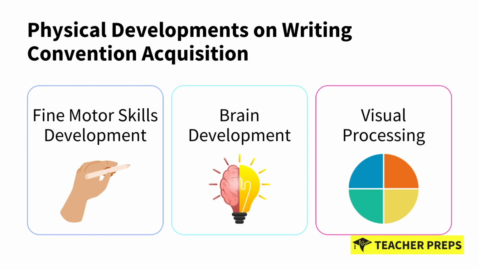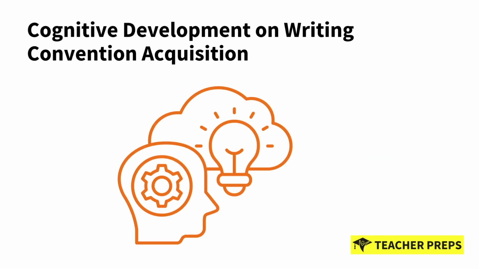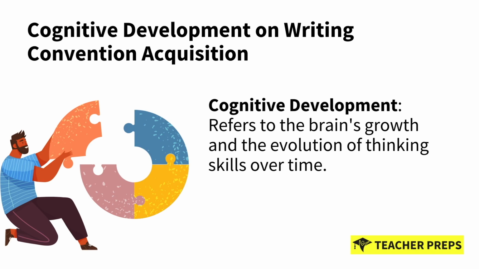Let us not forget that in our exam, the standard has also asked us to understand cognitive development on writing convention acquisition. Starting at the beginning, recall that cognitive development refers to the brain's growth and the evolution of thinking skills over time. This development influences a student's ability to understand and apply writing conventions.